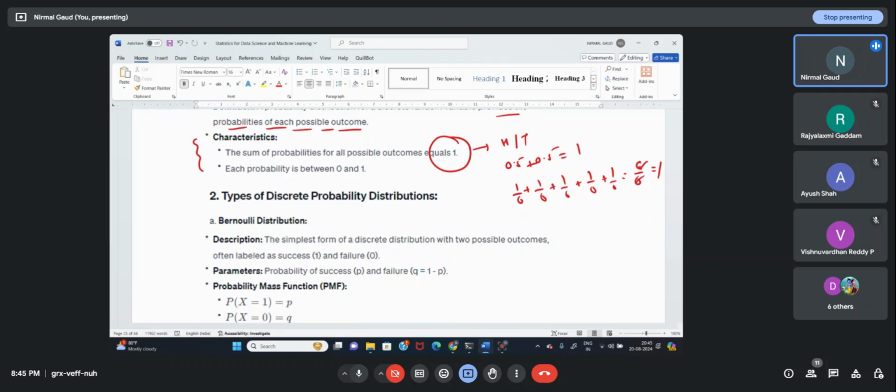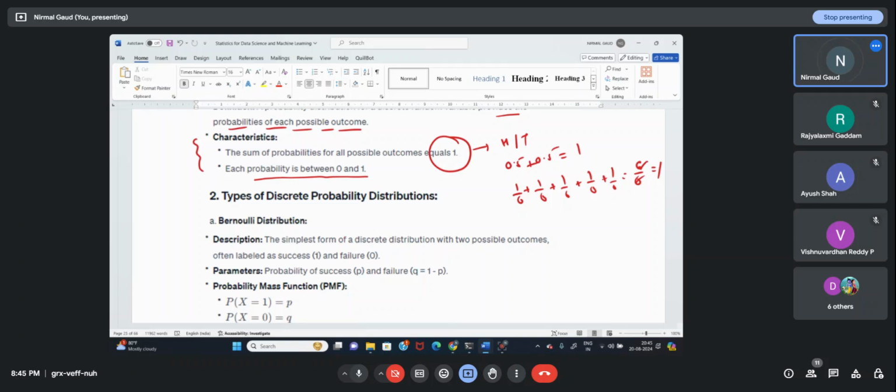And probability, we very well know, lies between 0 and 1. It's a property of probability.